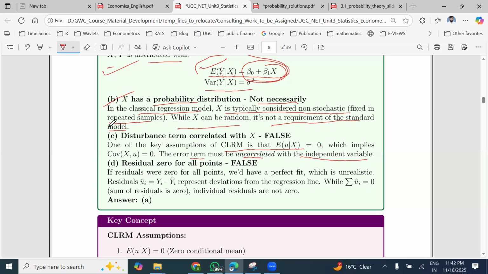This is a condition. 10 assumptions are there which we will discuss, but one of the assumptions is that there should not be any relation between the disturbance term and X. Is it clear, Sangeeta? Sir, not able to understand it properly.